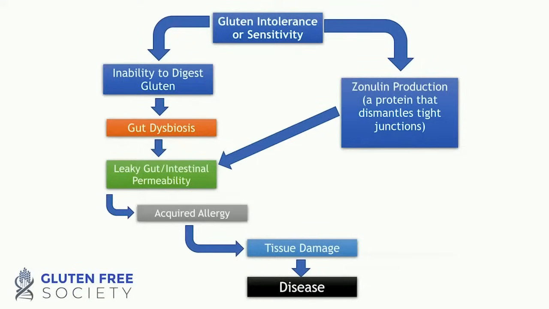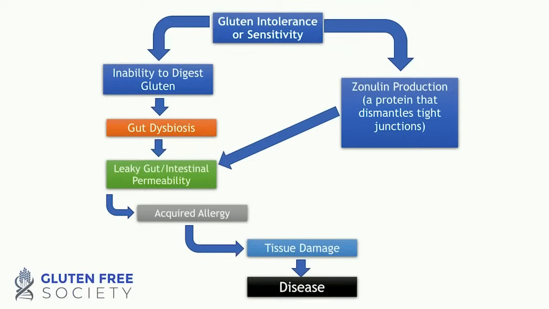Dr. Alessio Fasano, who was originally at the University of Maryland Celiac Research Facility and is now at Harvard, discovered that gluten could create leaky gut because it disrupts a protein called zonulin. Zonulin is like an anchor that holds your gut cells together. So when you eat gluten, it can cut or disrupt that zonulin so that your gut starts to develop these gaps, these leaks, internally.